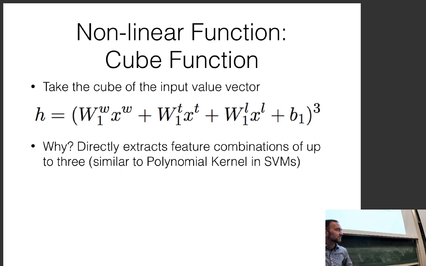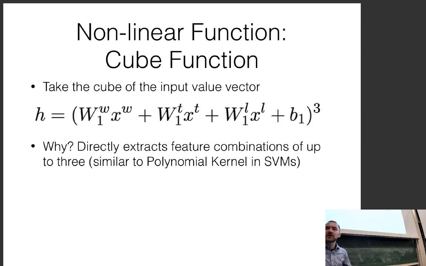And before neural nets, the methods that we used for performing this feature combination were support vector machines. And support vector machines with polynomial kernels of a certain order can also extract feature combinations. And if you set your polynomial kernel to 3, you could essentially do the same thing that they're doing here.